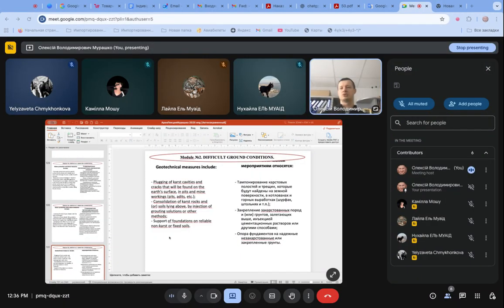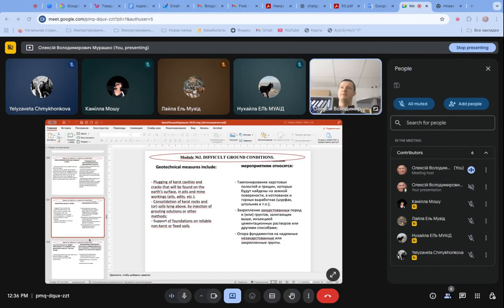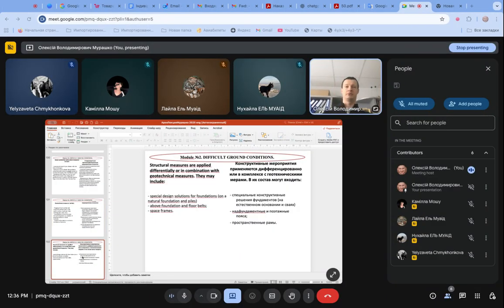And the best solution is to support our building on reliable non-karst soil. If we have not a big layer, for example 10 to 15 meters of soils with karst, we can make piles with a length of 20 meters. Forget about karst, because our building will be supported on reliable ground.